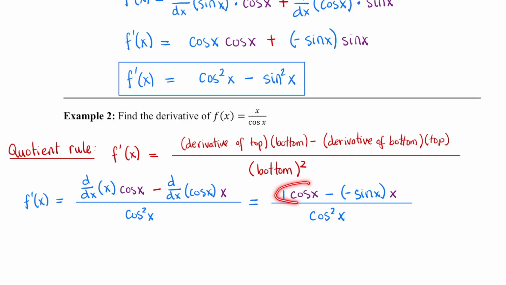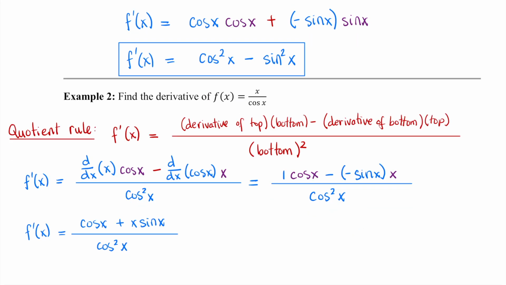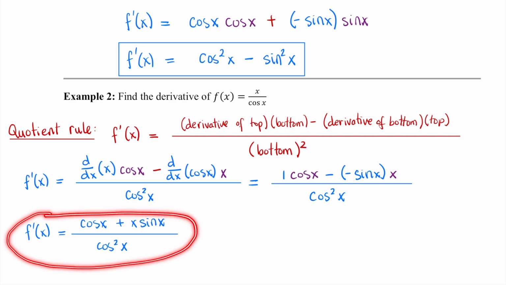Now let's simplify the numerator. We have cosine x plus x times sine x. And the denominator stays the same. So the derivative is cosine x plus x times sine x over cosine square x.